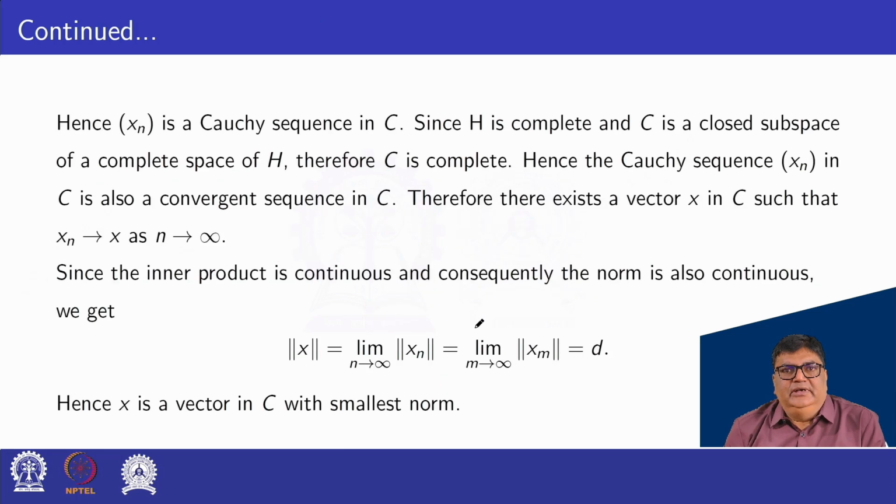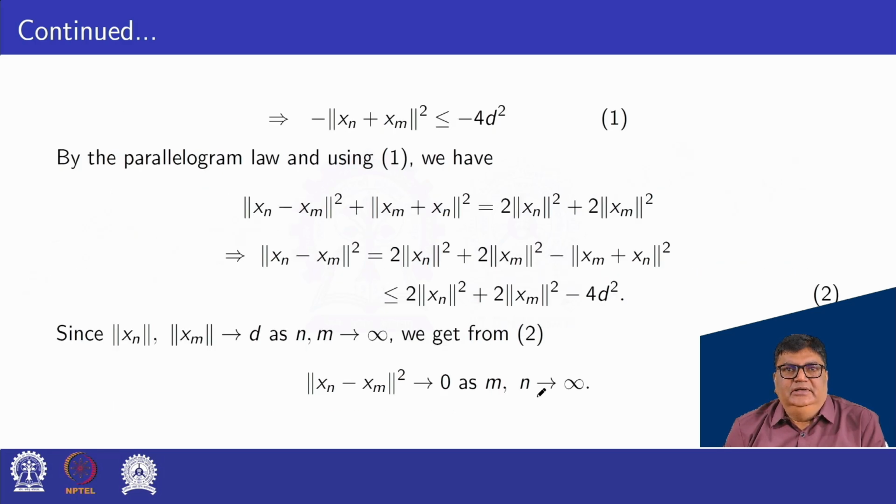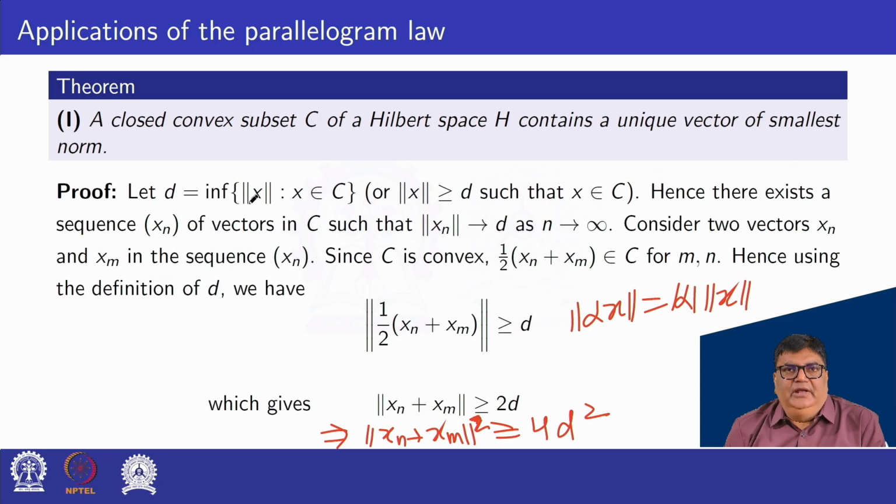That is the value of this, and this is d. Hence x is a vector in C with smallest norm, because d is the infimum of norm x.